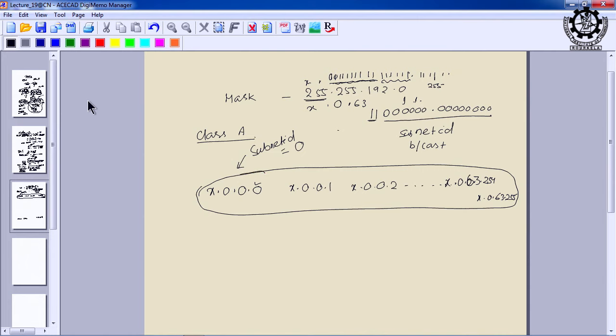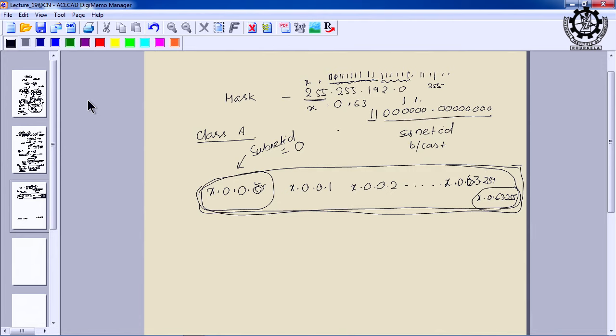No. Take even the first one: you cannot assign it, forget the subnet ID, the host ID is all zeros. So you cannot allot this one. Even the last one, the host ID is all ones, so you cannot assign it to any host either. That means for the first line, whatever you take, all the addresses are special addresses. None of them can be allotted to a host.